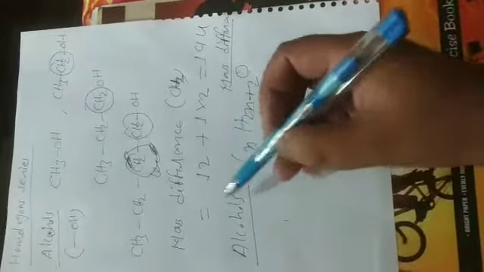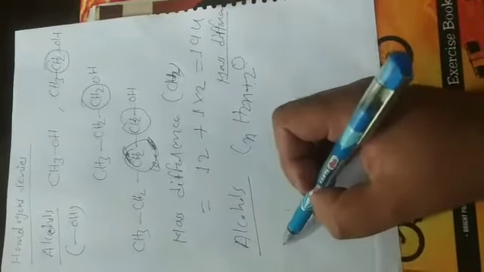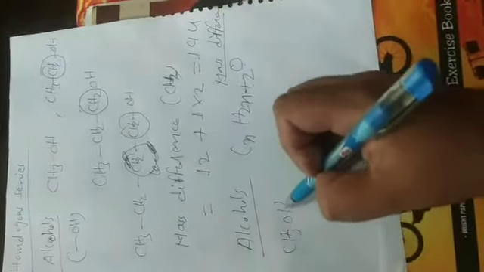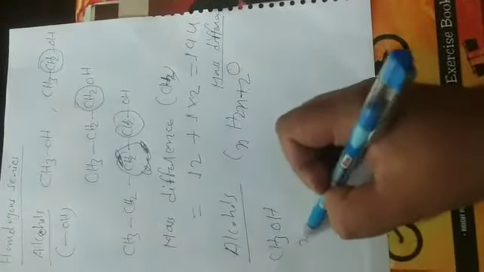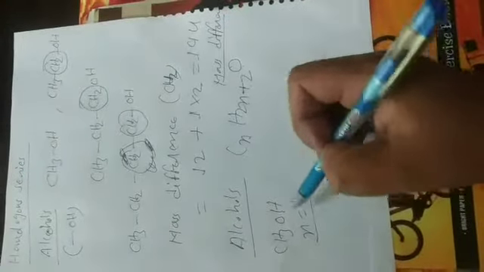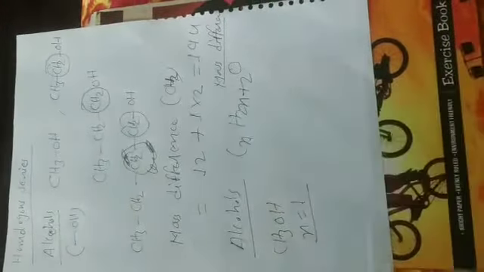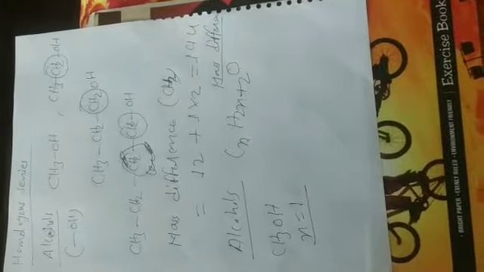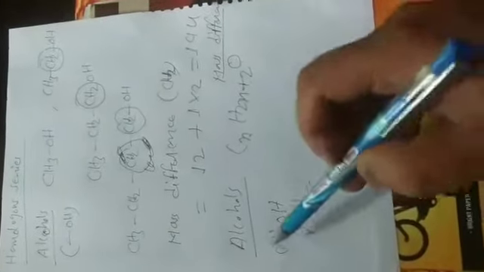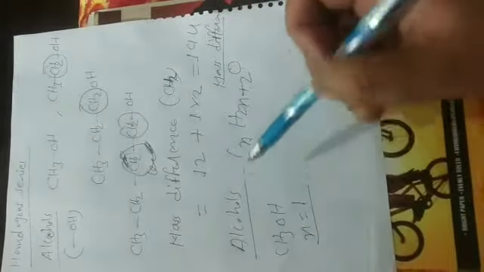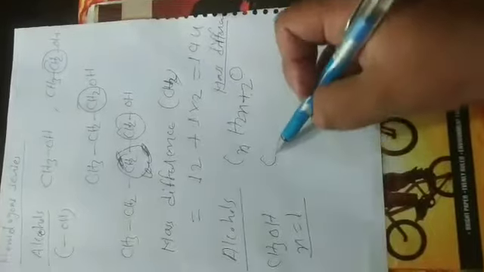In the case of methanol, CH3OH, n is equal to 1, where n is the number of carbon atoms. Only one carbon atom is present.